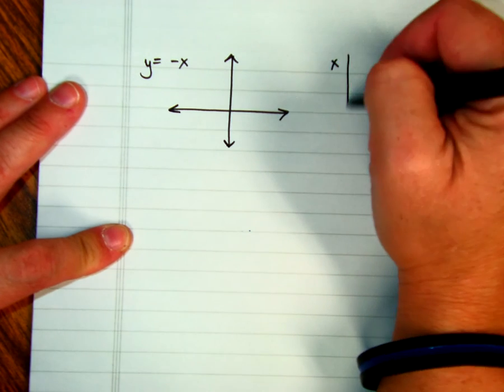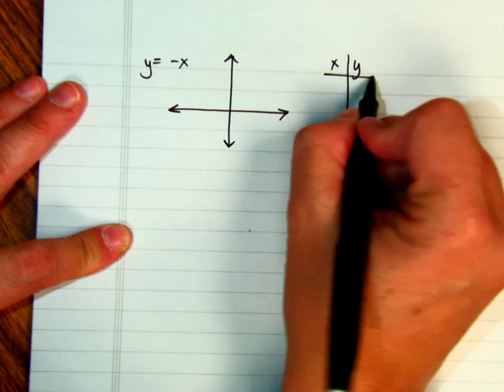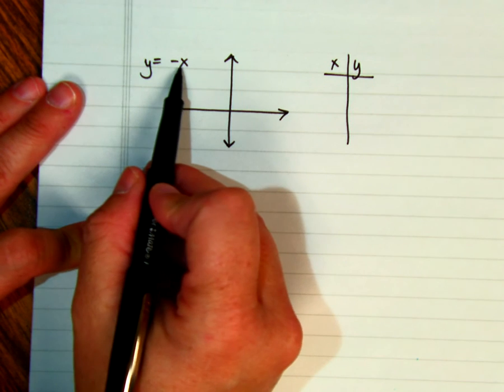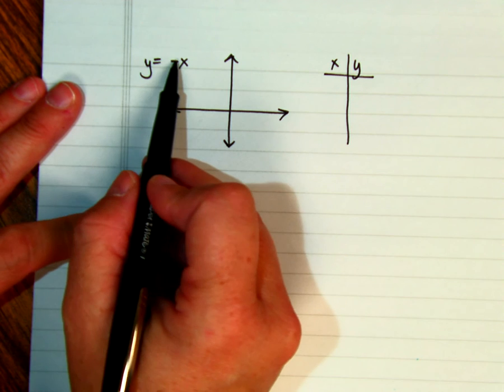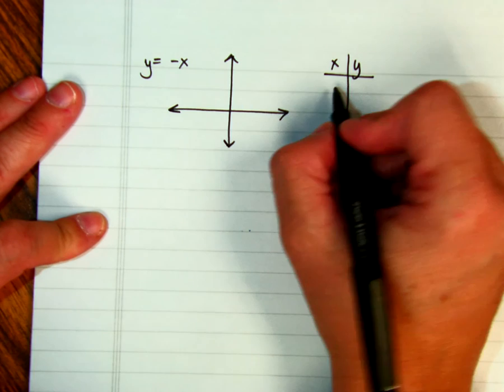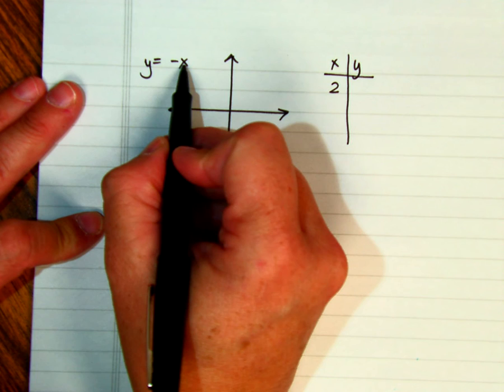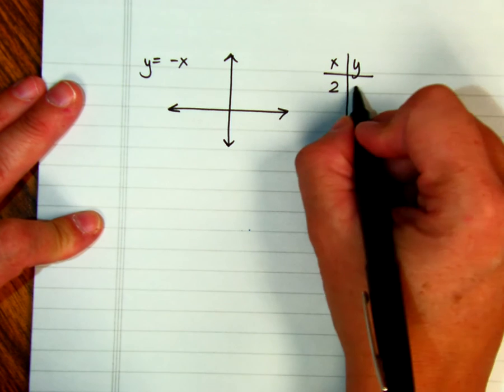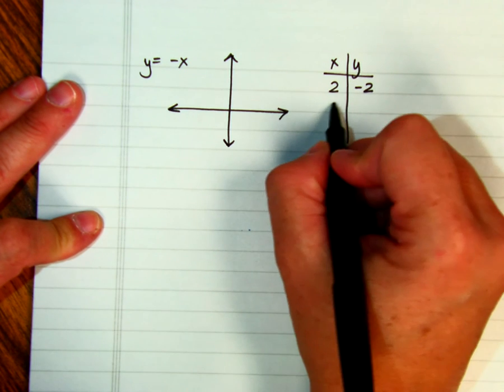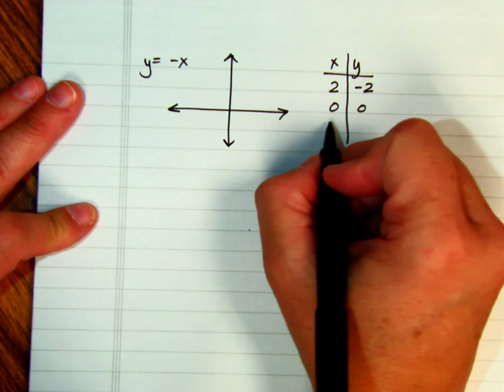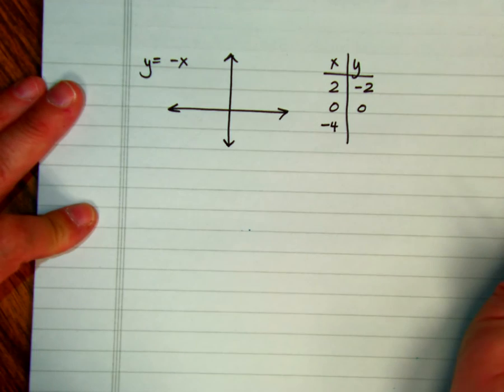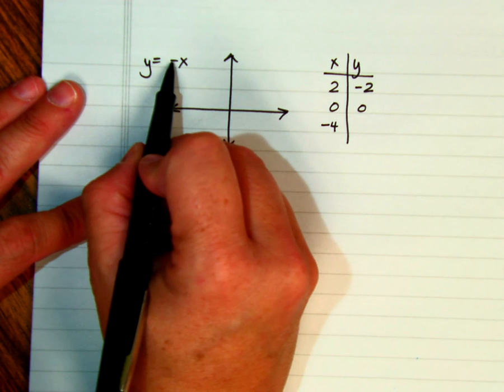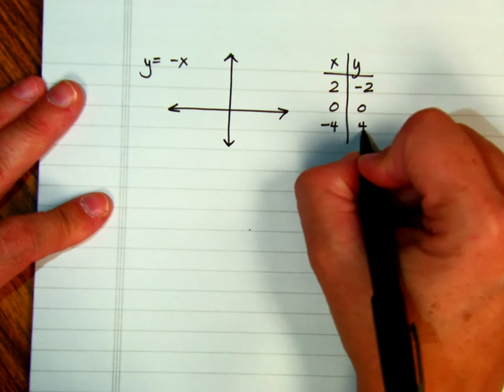So if I create my x and y table, it says whatever y is, x has to be the opposite. Or whatever x is, y has to be the opposite. So if I put a 2 in for x, that means y has to be a negative 2. If I put a 0, you're going to get a 0. If I put in a negative number, like negative 4, the opposite of a negative 4 is a positive 4.